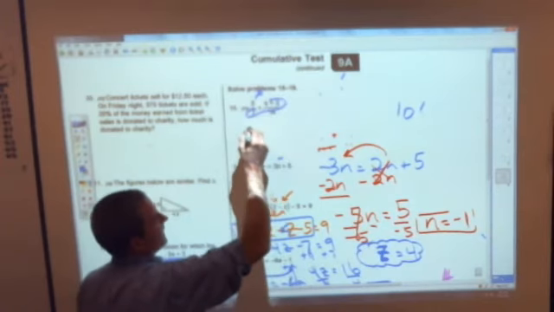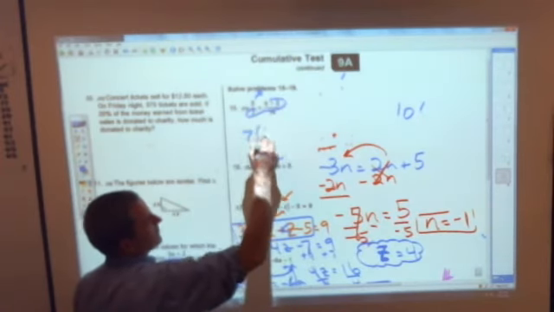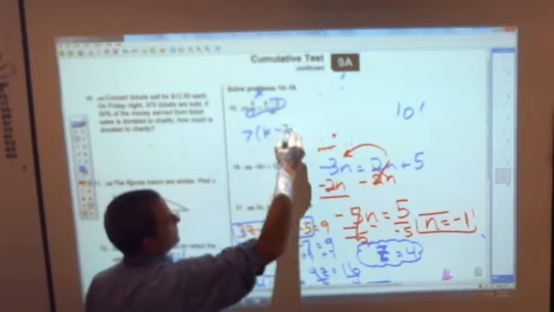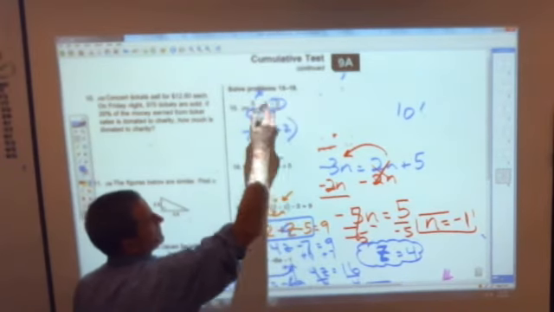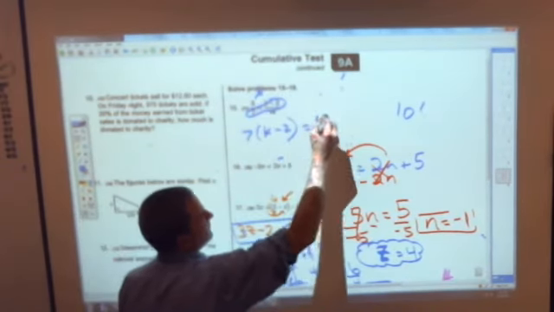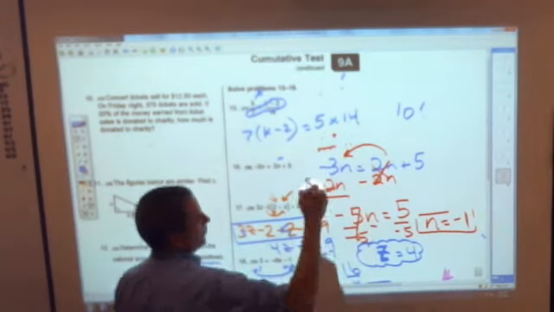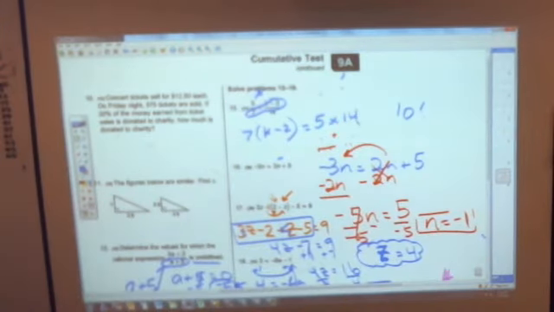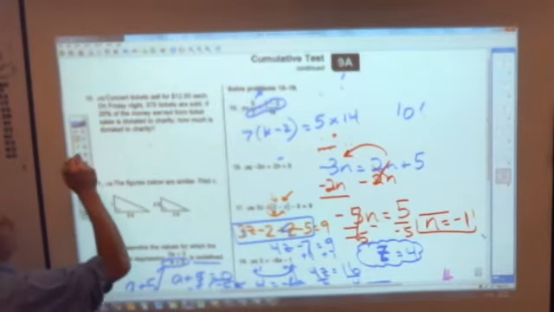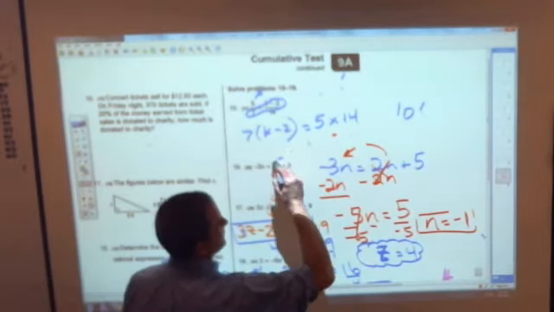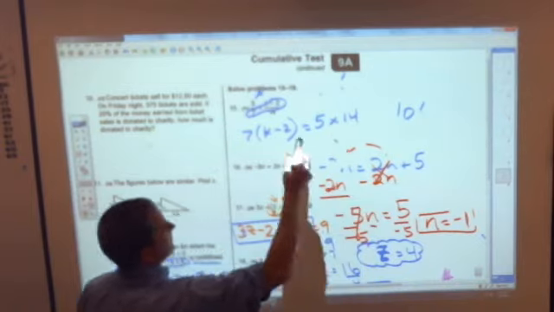You need to take 7 times k minus 2, and that has to equal 5 times 14. Are you with me? I think we could actually go the other way too in a minute.